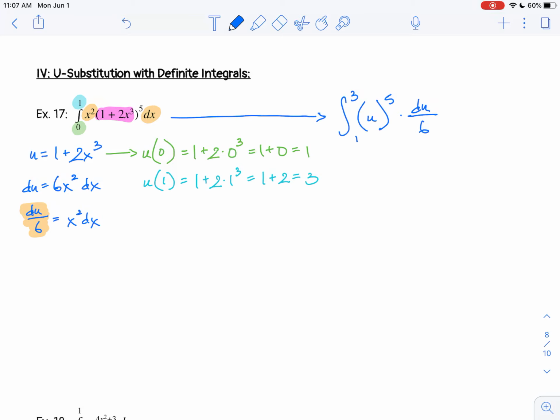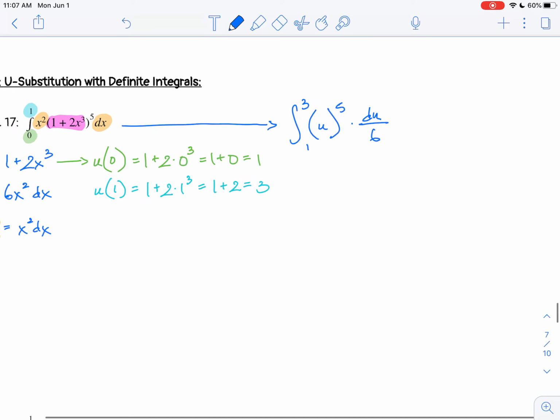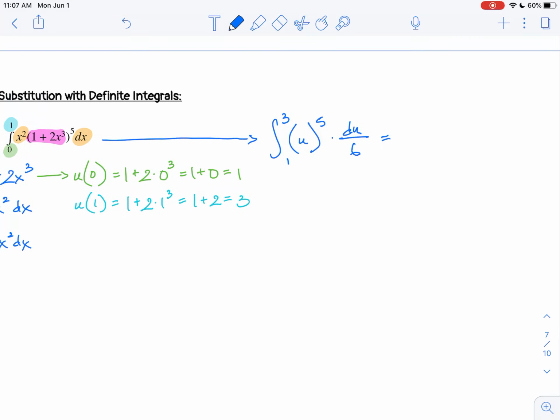Everything I have in the integrand right now is in terms of u. Now, let's go ahead and factor out the 1/6. I have 1/6 on the outside, the integral from 1 to 3 of u to the 5th du. Now we're going to use our power rule to integrate the u to the 5th. 1/6 times 1/6 u to the 6th, and I'm going to plug in 3, and I'm going to plug in 1.